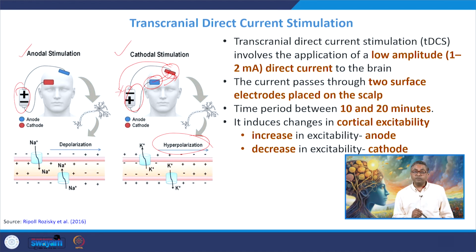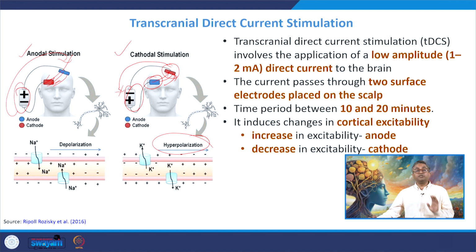So what we are doing basically here, inside the electrode, the current is flowing again from the anode to cathode, and outside cathode to anode. This is how the current is flowing. So the inside flow is reverse of the outside flow.